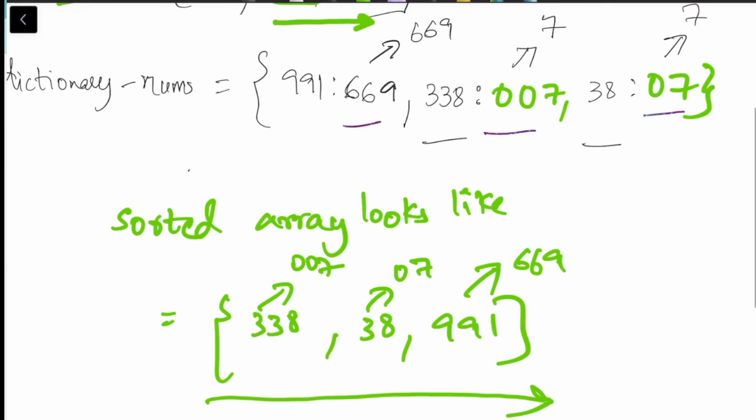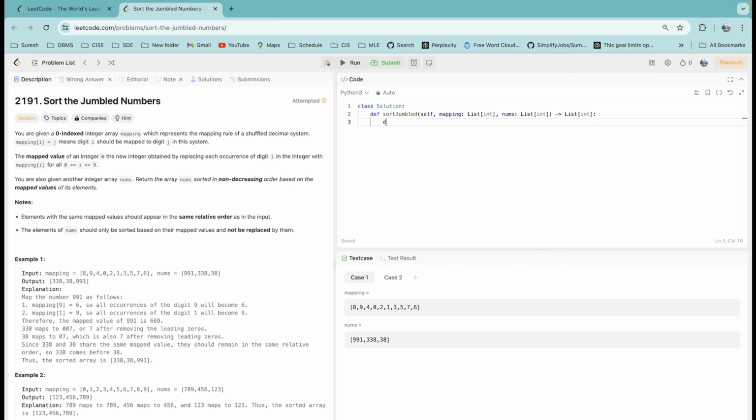Now we'll see the code, how to solve this. I'll create a map function which maps the current num to the value from the mapping array. It takes a string and gives an integer.